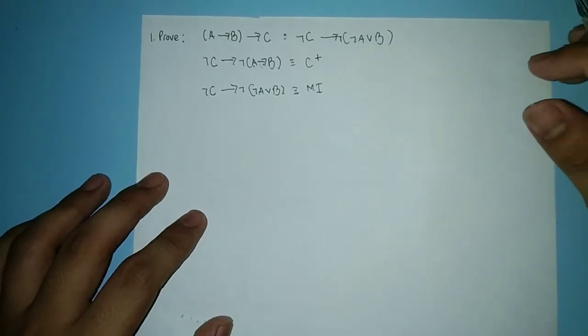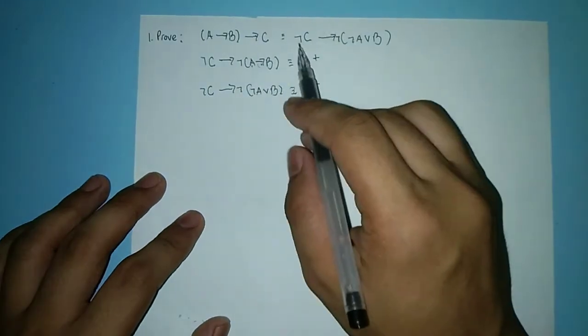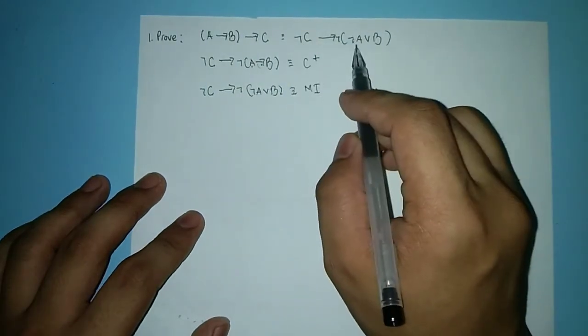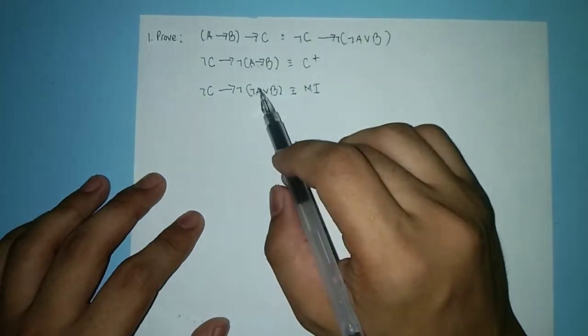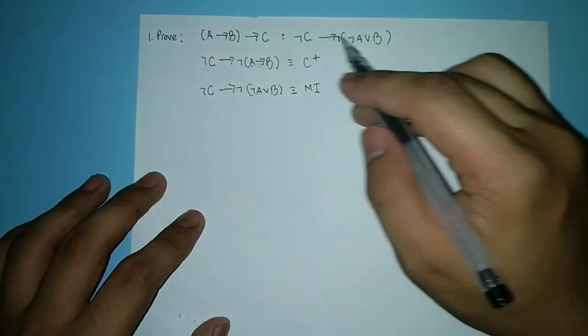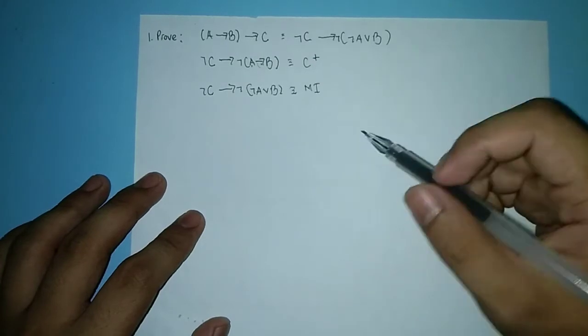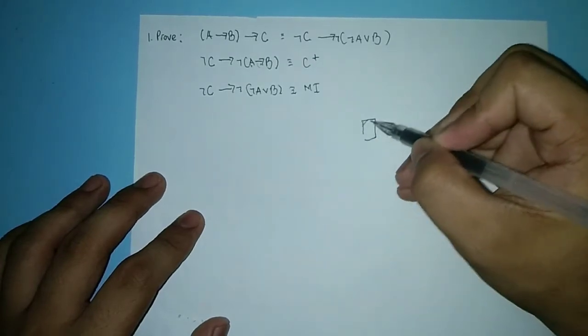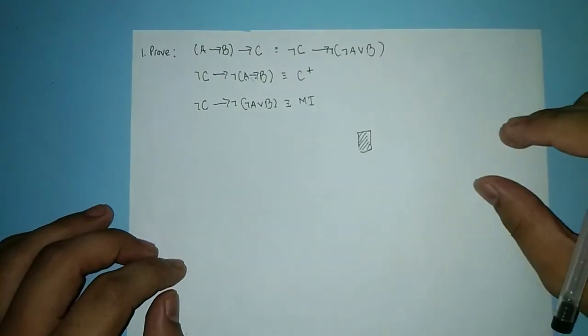Now, as you can see, mula dito, napalabas ko yung not C implies not (not A or B). Okay? Ito yon. Okay? Now, kapag napalabas mo na ito, yung nasa right side, then this is done. Okay? So, ganun lang kasimple ginagamit yung rules of replacement.